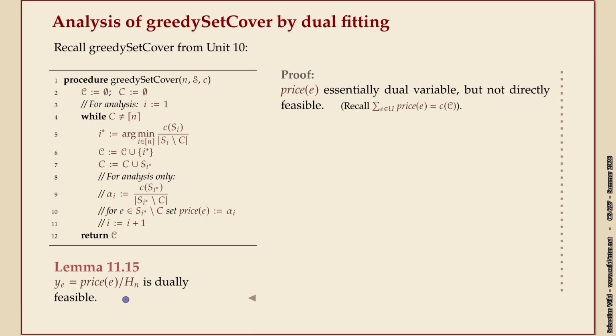What we'll show first is that if you take as dual variables the price at which this element is covered, but you have to scale it down. Remember, dual fitting always has to scale down to bridge the duality gap. We scale down by Hn, the harmonic number again. Then that's a dually feasible set of values for the dual variables. So intuitively, you should think of the price as the dual variable, but we can't exactly use that because it wouldn't be feasible.